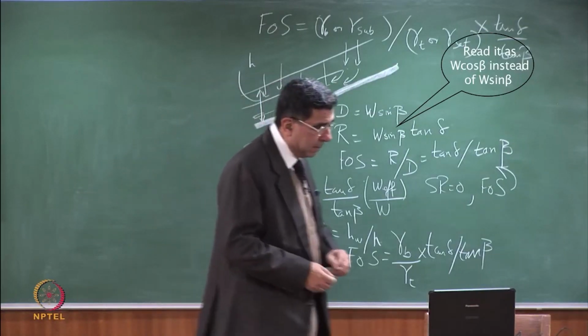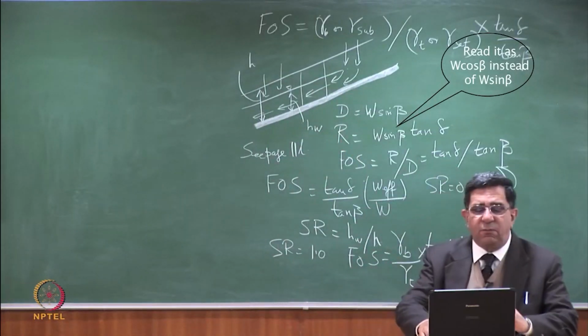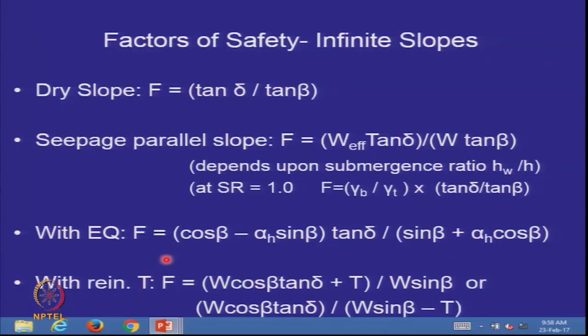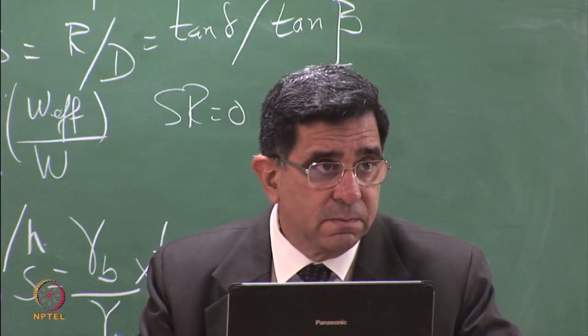Similarly, if you look at the effect of earthquake, earthquake is a horizontal force, and if I resolve the alpha h W into its two constituents, your factor of safety will become like this. So all that you will see is alpha h is reducing the numerator and enhancing the denominator, causing the factor of safety to fall.